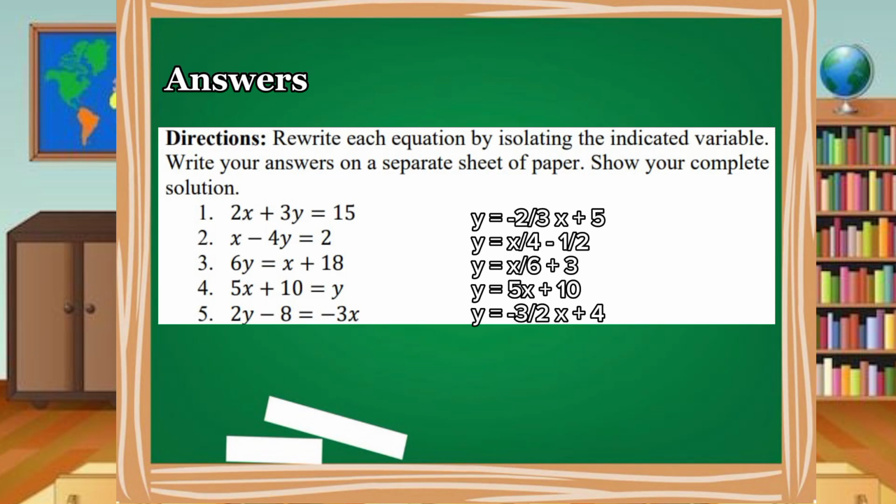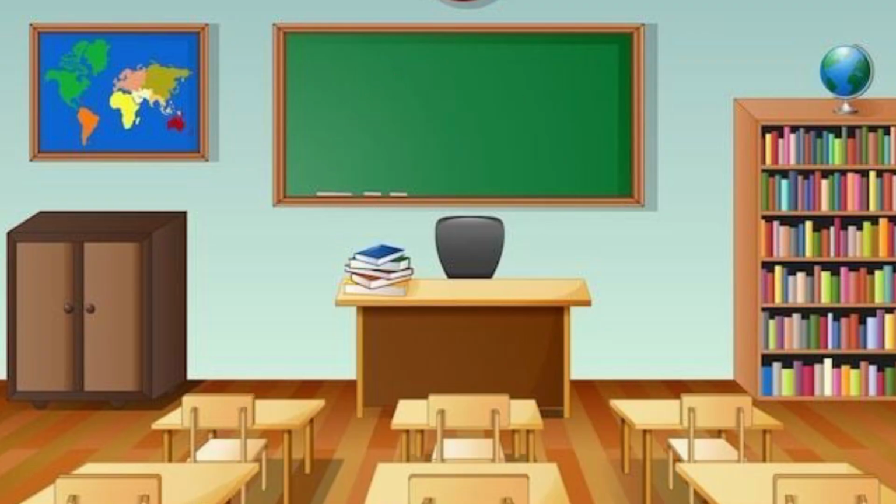These are the answers. How many answers did you get correct? Very good. These skills are important because substitution requires isolating a variable first.